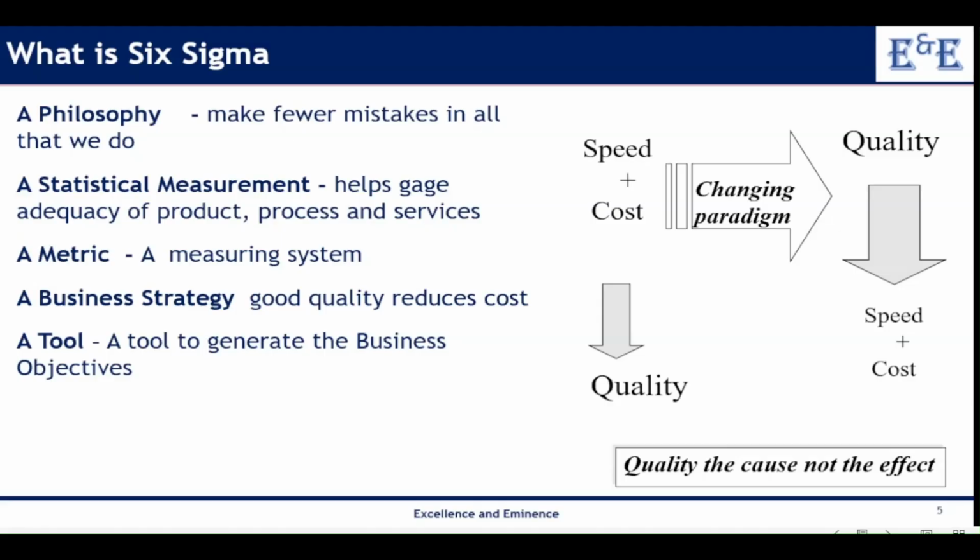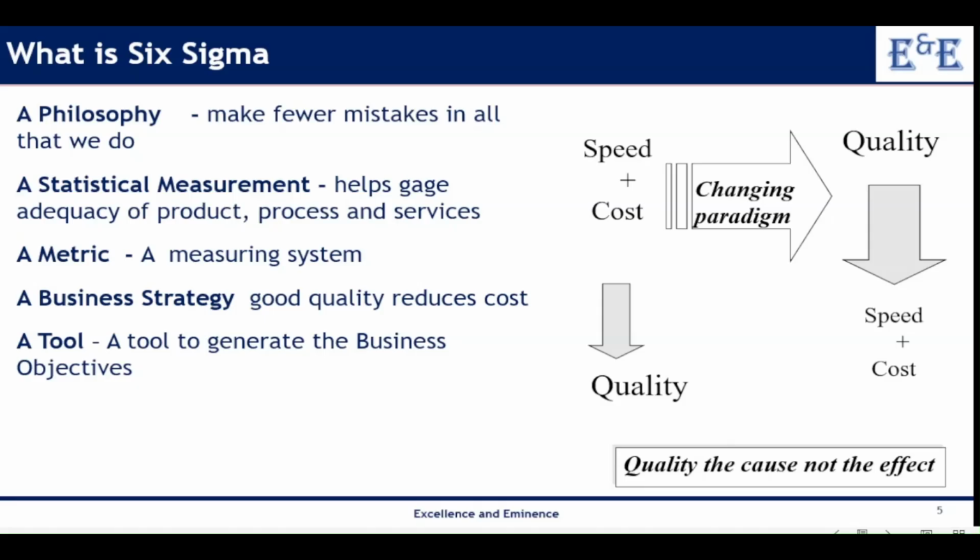Earlier, before Six Sigma came into the picture, organizations were focusing on speed and cost. If you give speed and cost, customer will be happy and you will get quality. But Six Sigma moves that paradigm to quality gives you speed and cost.